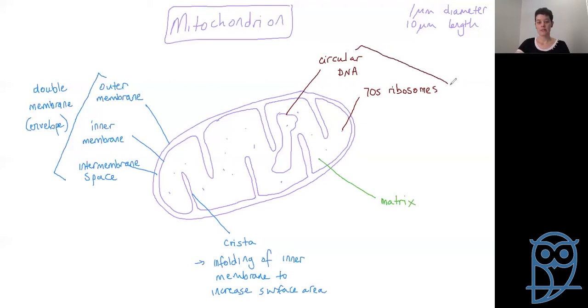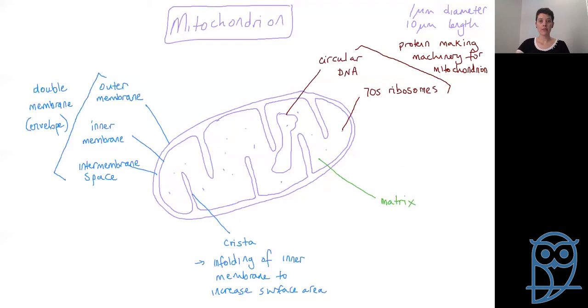Together, we're talking about protein making machinery for the mitochondria. Some proteins for the mitochondria actually come from the cell itself, encoded with their instructions in the DNA of the cell. But the mitochondria can make its own proteins that it needs for its specific purposes as well.